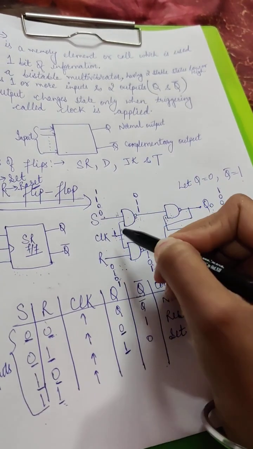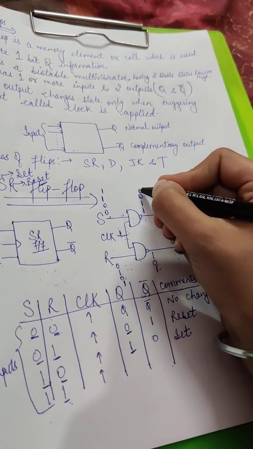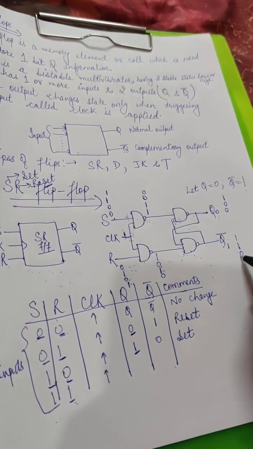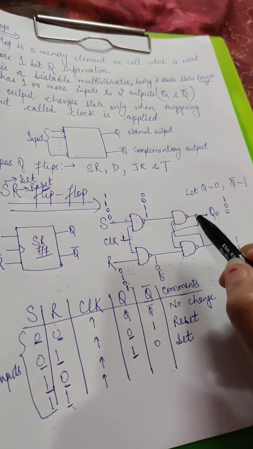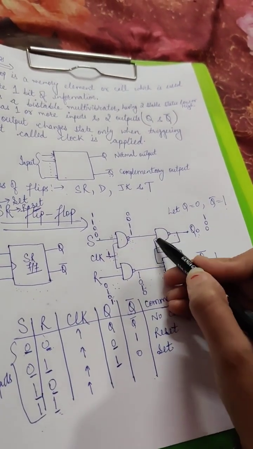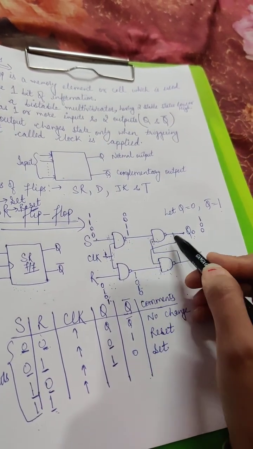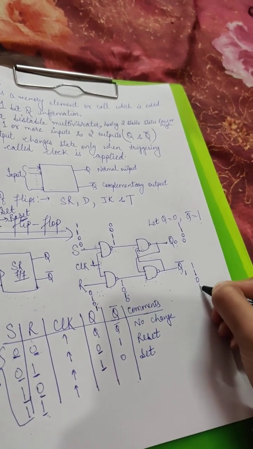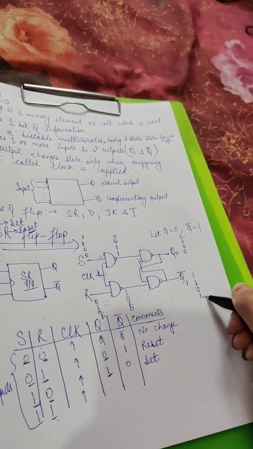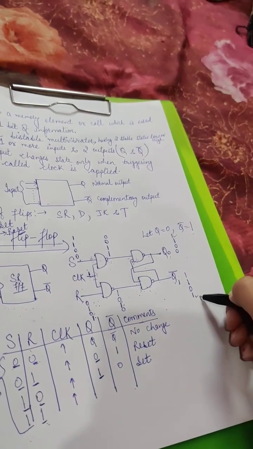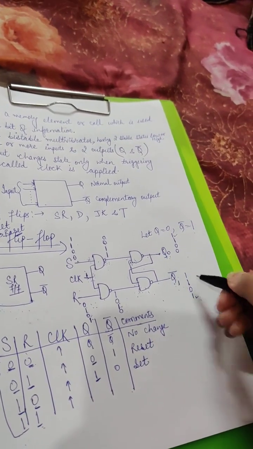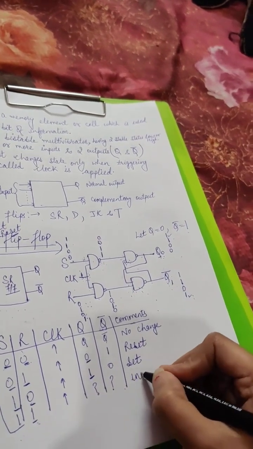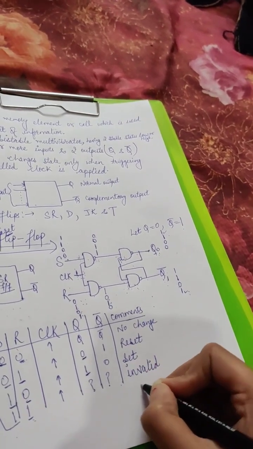Clock हमेशा 1 है. 1 into 1 is 1, आउटपुट कॉम्प्लीमेंट होकर 0. 1 into 1 is 1, आउटपुट कॉम्प्लीमेंट होकर 0. ऐसे ही ये वाला 0 यहाँ फीडबैक होगा, 0 into 0 is 0, कॉम्प्लीमेंट 1. ये वाला 1 यहाँ आएगा, 1 into 0 is 0, कॉम्प्लीमेंट 1. मीन्स दोनों आउटपुट्स आपकी 1 1 आ गई, लेकिन ये कंडीशन पॉसिबल नहीं है बिकॉज Q और Q बार एक दूसरे का कॉम्प्लीमेंट है. सो दिस कंडीशन इज इनवैलिड. दोनों आउटपुट सेम नहीं हो सकते, इसलिए ये कंडीशन आपकी इनवैलिड है.